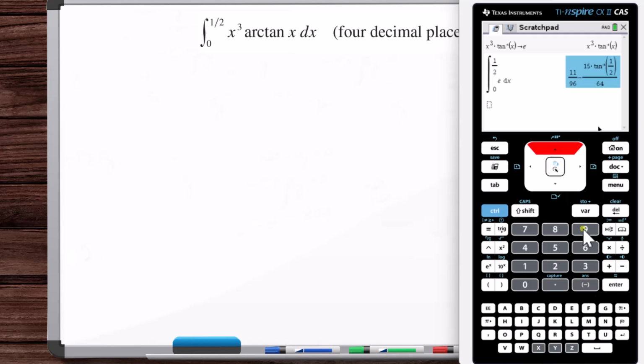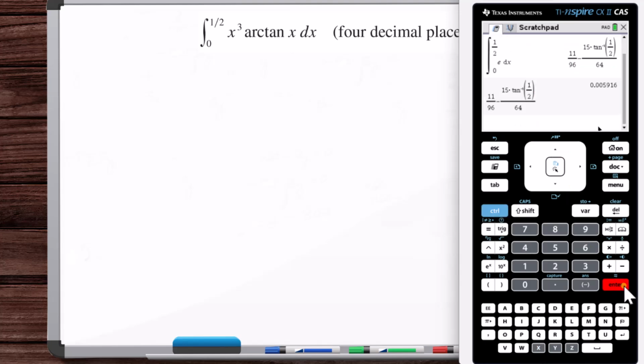So yeah, it does give us the exact definite integral, but you could imagine there are definite integrals that you potentially can't evaluate. But you have more options with a definite integral.